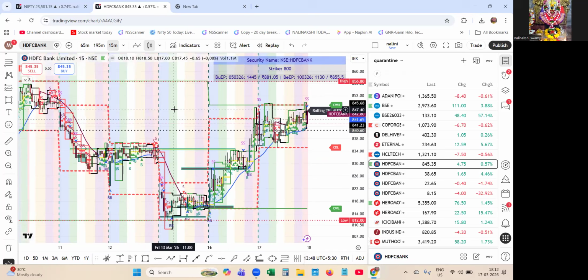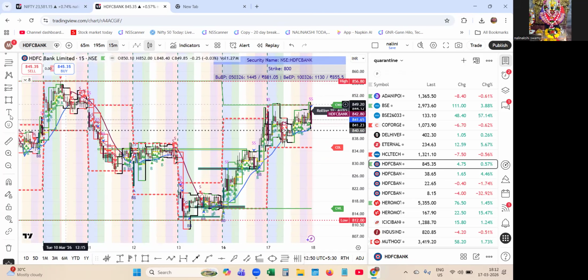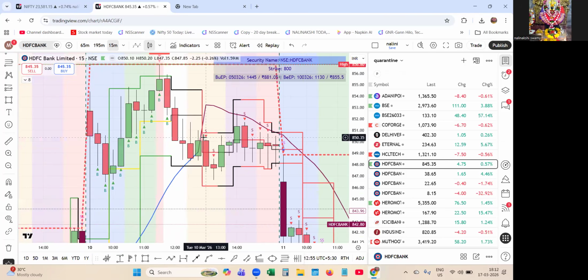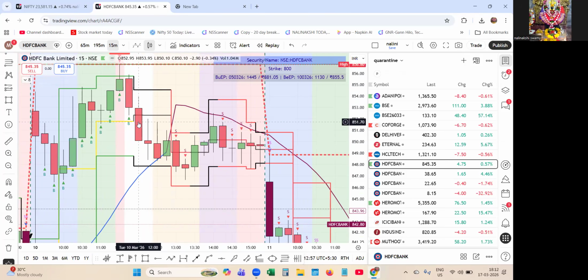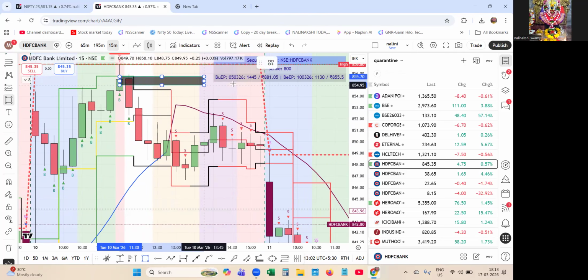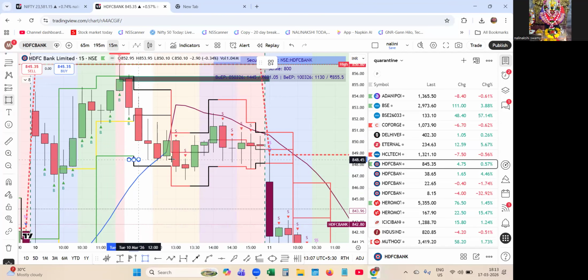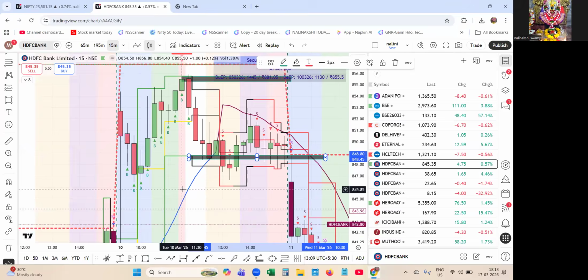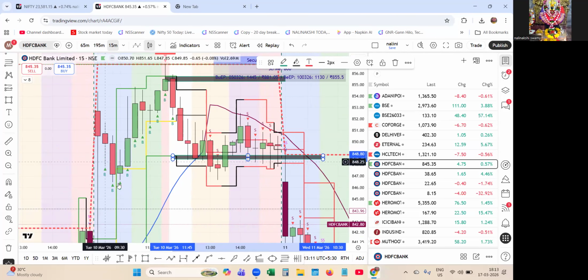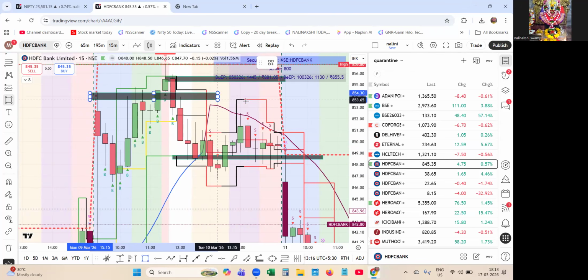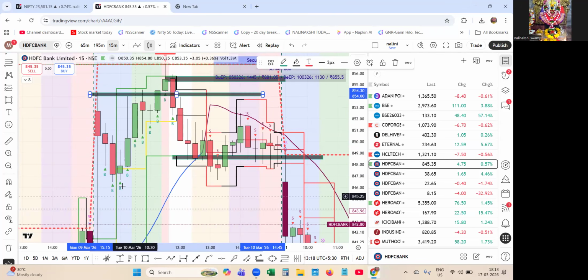The reason for the target is a predestined level from the previous day. You can see this is the third hour high, third hour low, and this is the 1, 2, 3, 4 hourly. Here you can see hourly high and hourly low.